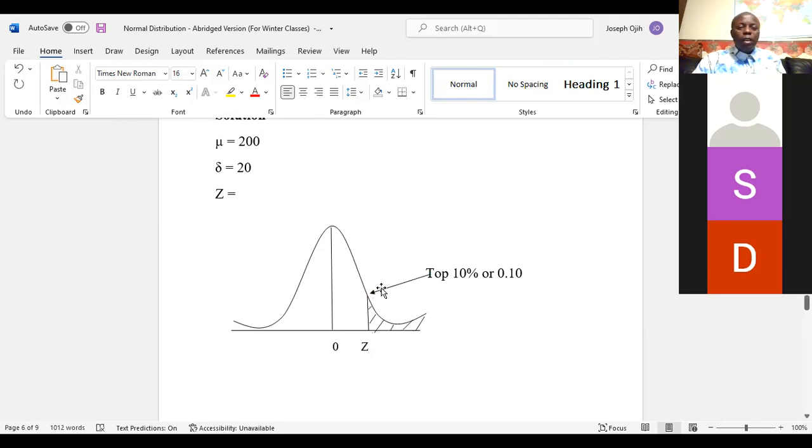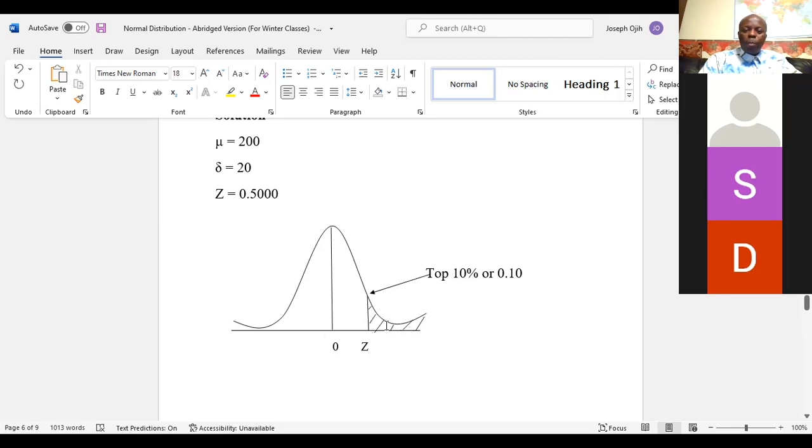So to find the Z, from what I told you from the procedure, we need to get our table of distribution, and then in the procedure, start with the tail. If you remember from last week, you subtract from 0.5, because half of this is 0.5, half of this one is 0.5.